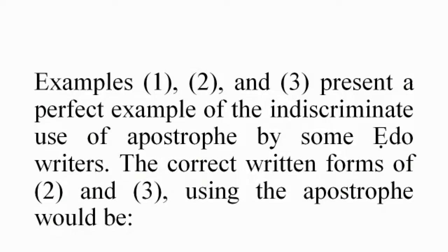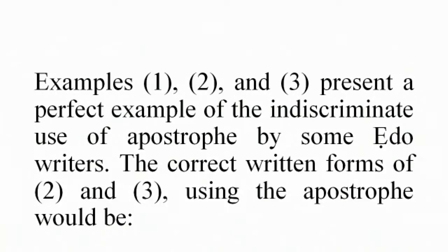So, examples 1, 2, and 3 present a perfect example of the indiscriminate use of apostrophe by some Edo writers. The correct reading forms of 2 and 3 using the apostrophe would be, this would be the correct form. Because Uyi, all day, Osa.